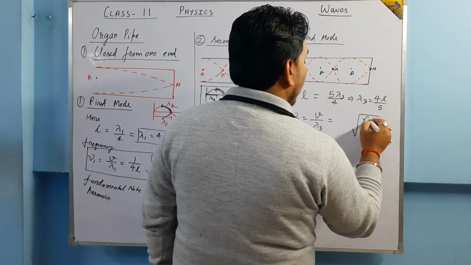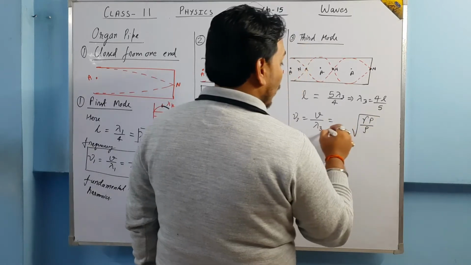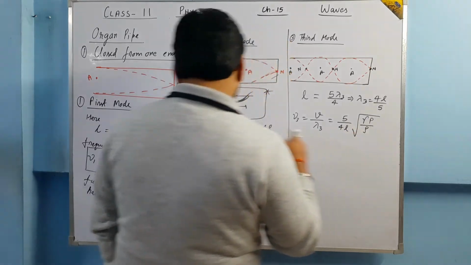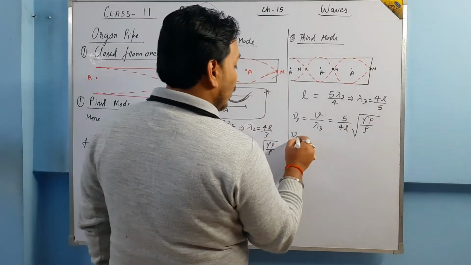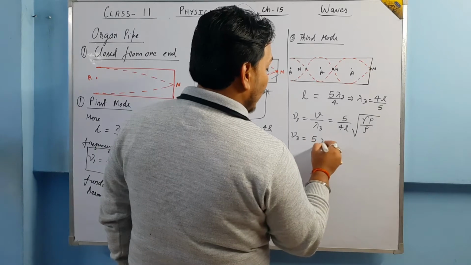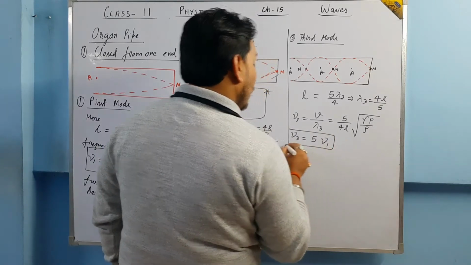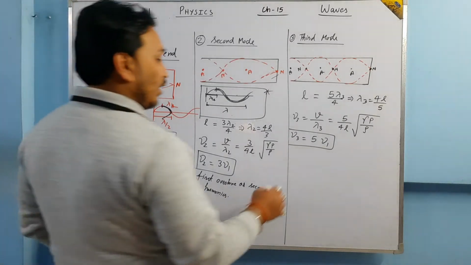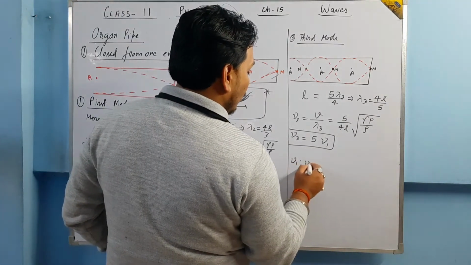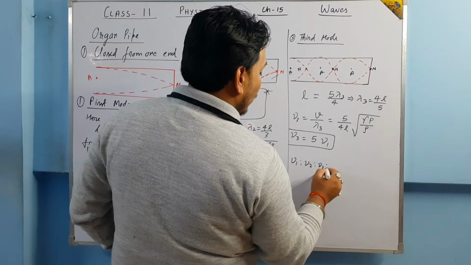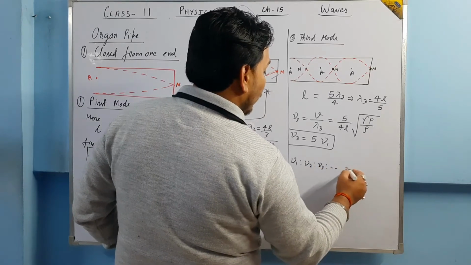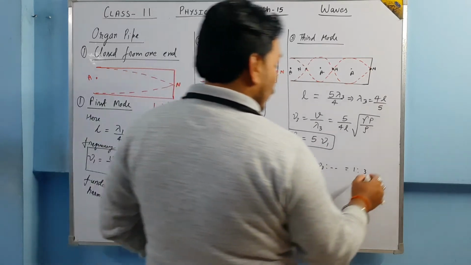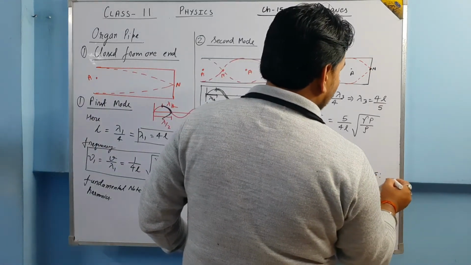Value of V is root of gamma p by rho, and value of 1 upon lambda 3 is 5 upon 4L. So if we compare with the first one, we will have nu3 is equal to 5 times nu1. So in this case, the frequency will be 5 times. Now if I calculate the ratio of nu1 is to nu2 is to nu3 and so on, it is going to be 1 is to 3 is to 5 and so on.